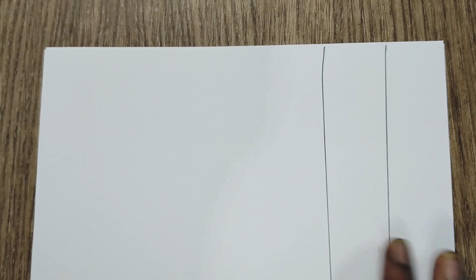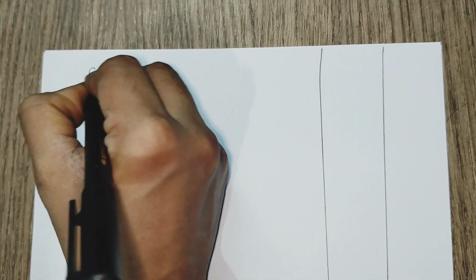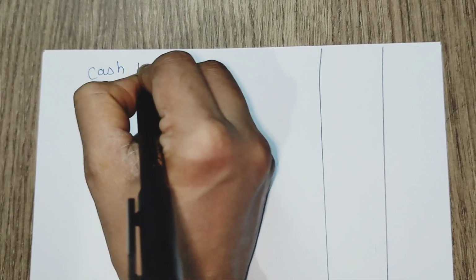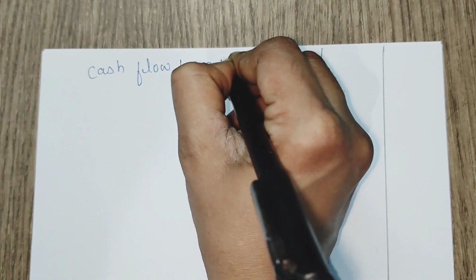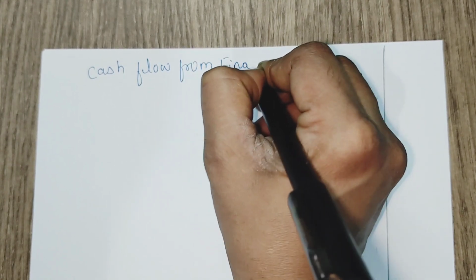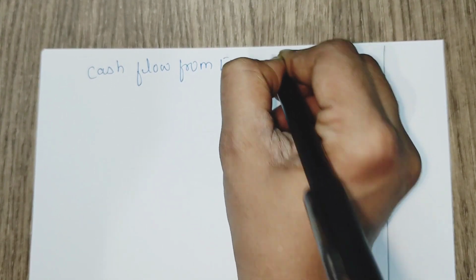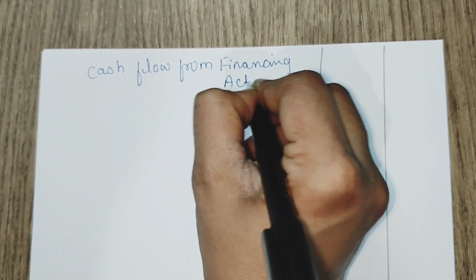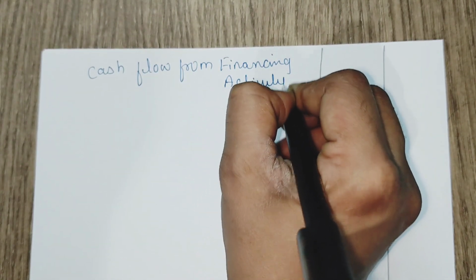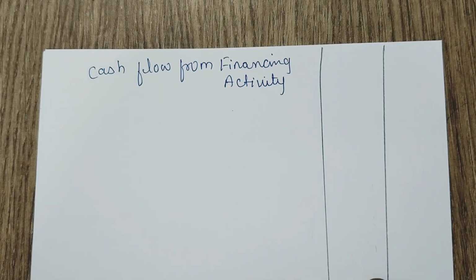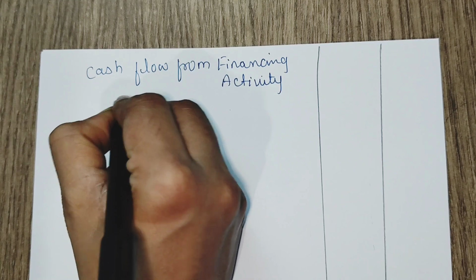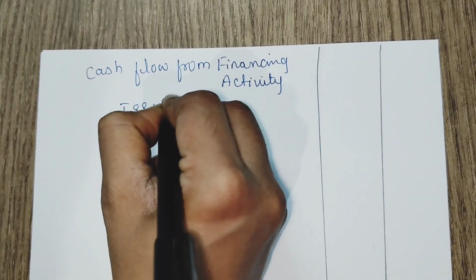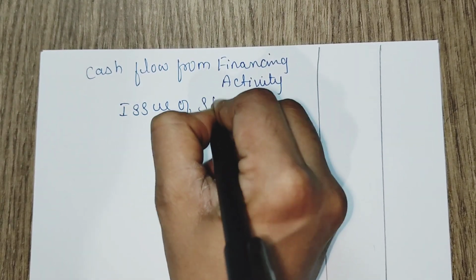Then we have at the end financing activity. Cash flow from financing activity, that is issue of shares.